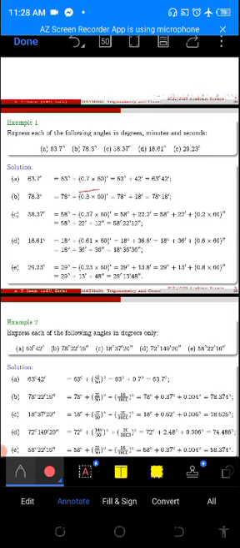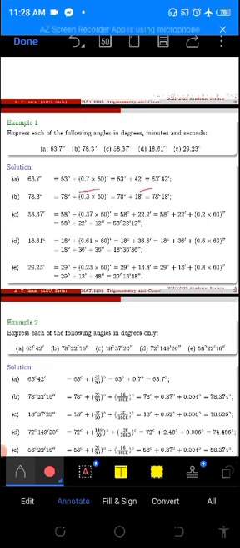The product of 0.7 and 60 is 42, so we have 63 degrees plus 42 minutes, that is 63 degrees, 42 minutes.